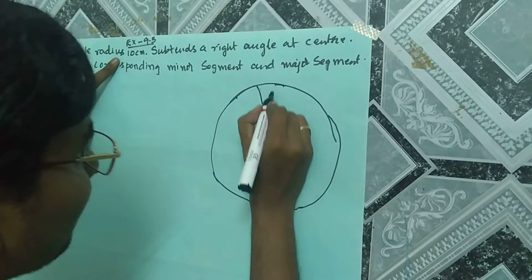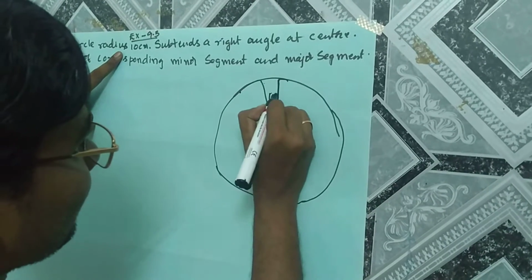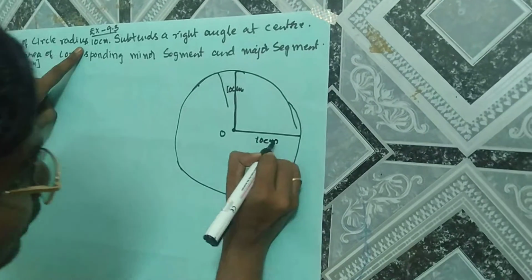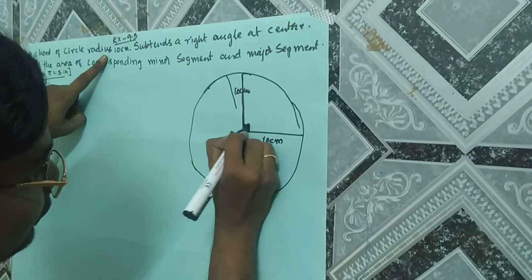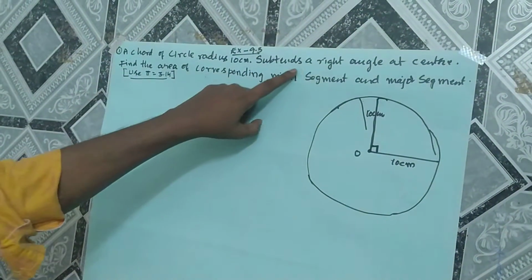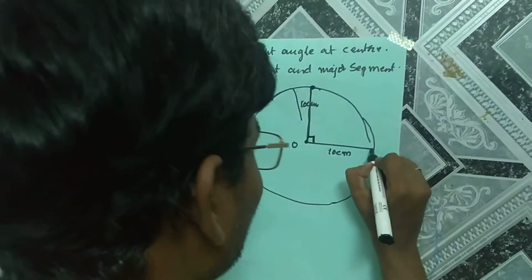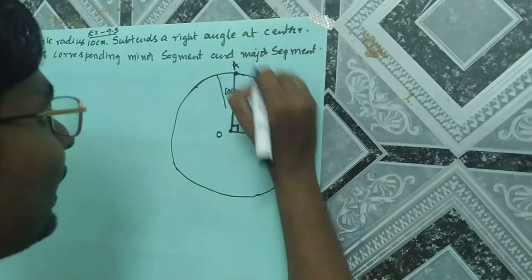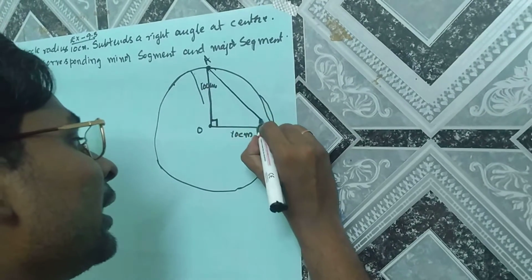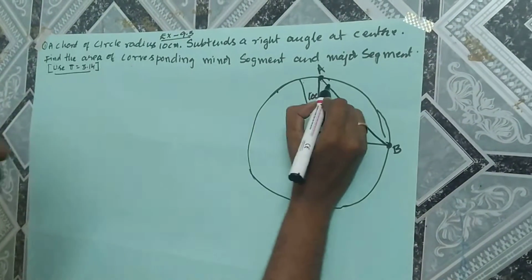Its radius is 10 centimeters, and it subtends a right angle, 90 degrees, at the center. Let this point be A and this point be B. Join AB, and we get a chord of the circle.